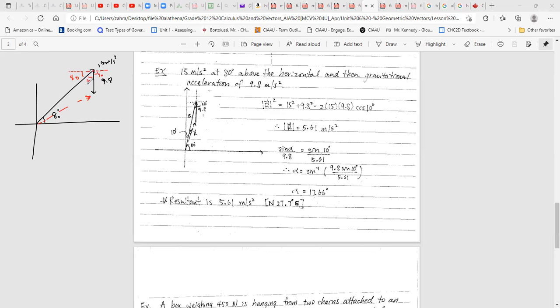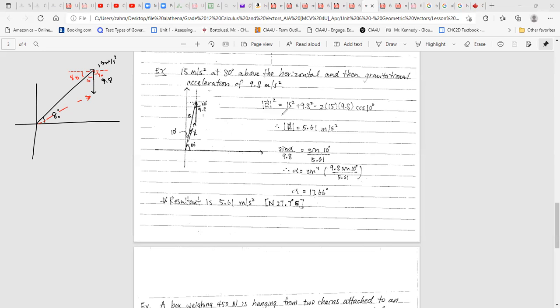Now, knowing that this is 10 degrees, we have two vector sides, 15 and 9.8, and an angle between them.